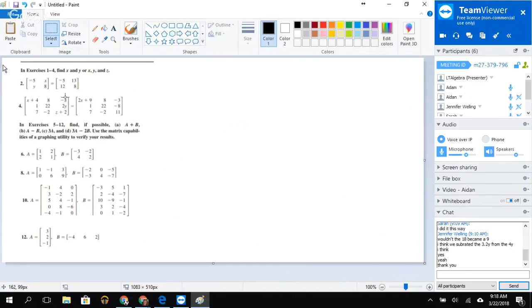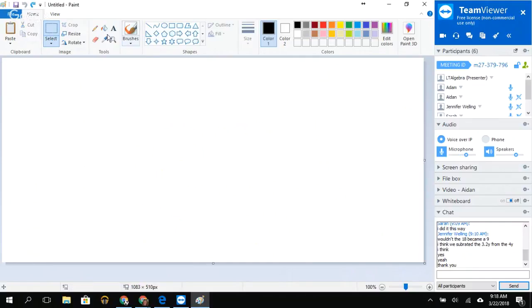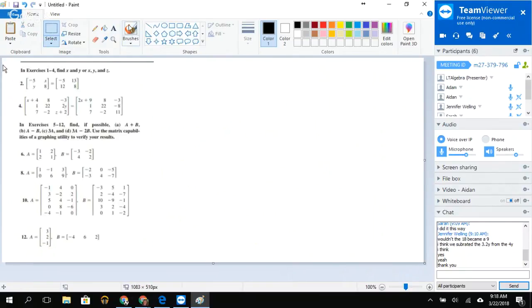This is a 3 by 3 equals a 3 by 3, but they don't have to be square matrices. You could have a 2 by 1 equal to another 2 by 1.